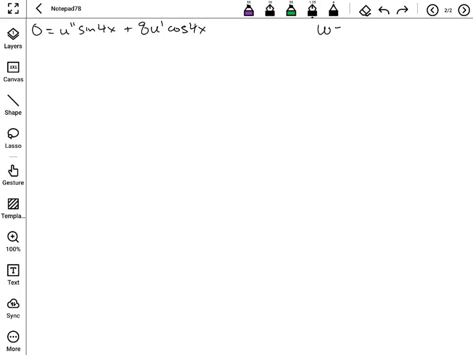That means I'm going to take w to be u prime, which means w prime is u double prime. And I can rewrite this equation as w prime sine 4x plus 8w cosine 4x equals 0. This is going to be really gross. So I'm going to solve it as a separable equation.